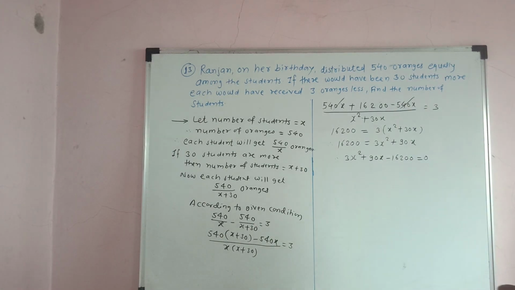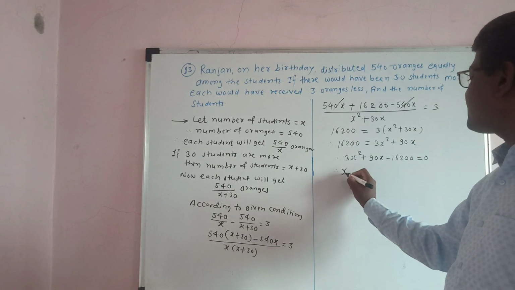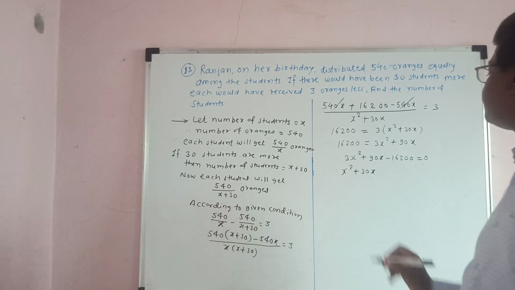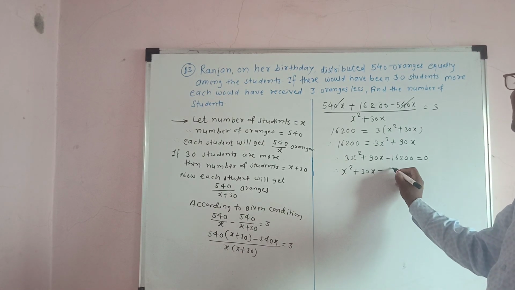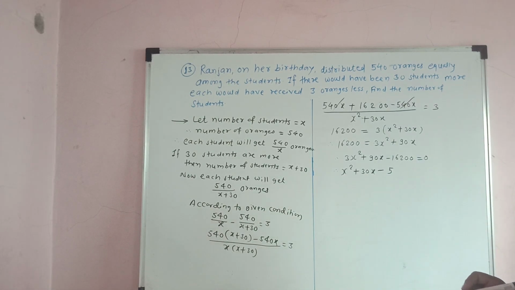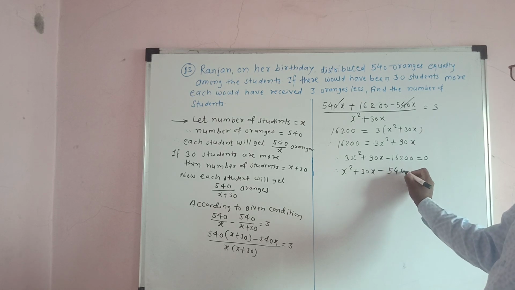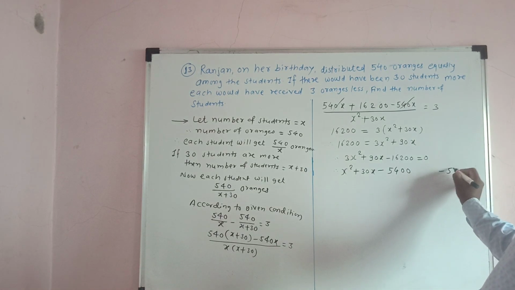Now divide both sides by 3. Therefore we get x square plus 30x minus 5,400, is equal to 0.